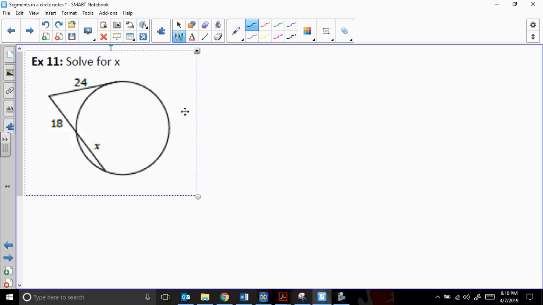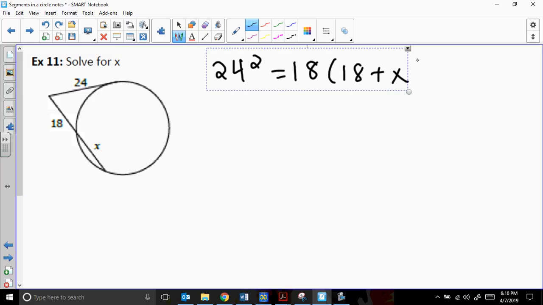Alright, let's do 11, which are examples of a tangent and a secant. So we're going to take this outside portion, make it 24 squared is equal to, and then we're going to do the same thing. We've been doing the outside times the outside plus the inside.